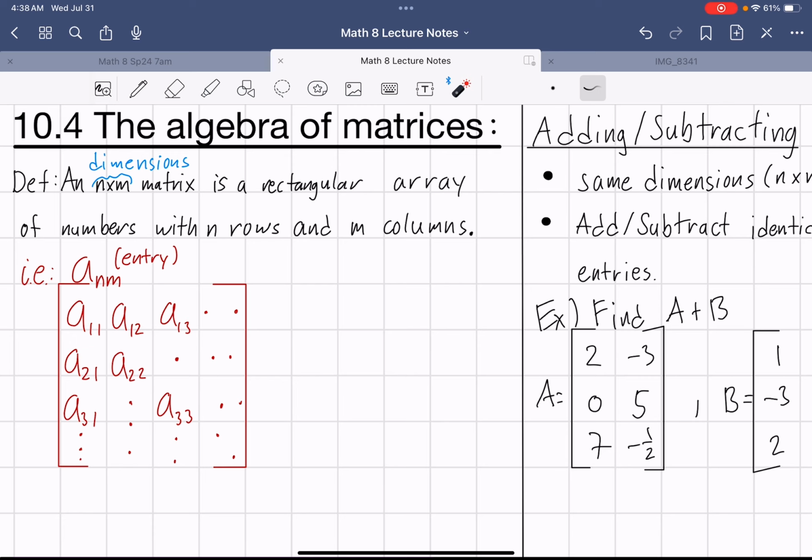A version of this in the real world, you can think about it as looking at a photo that's pixelated, right? If you zoom in on a picture, we now have different types of photos, but when photos were first created, they were pixelated, and if you zoom in far enough, it's just a lot of little boxes of colors, and those particular colors, some darker, some lighter, are what create the image.